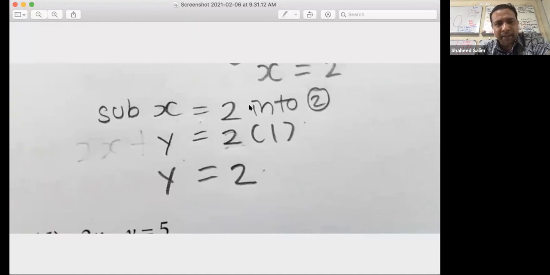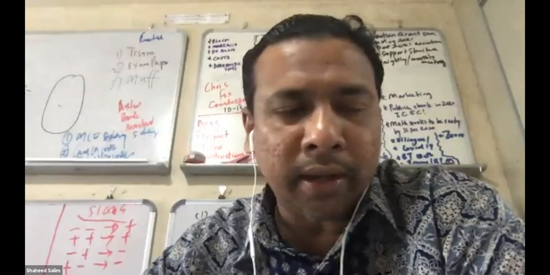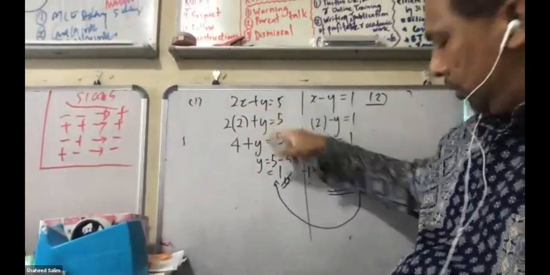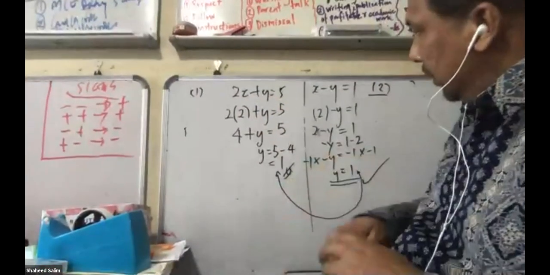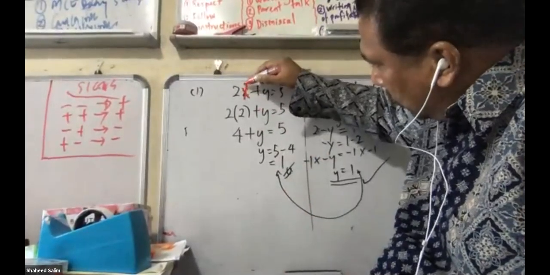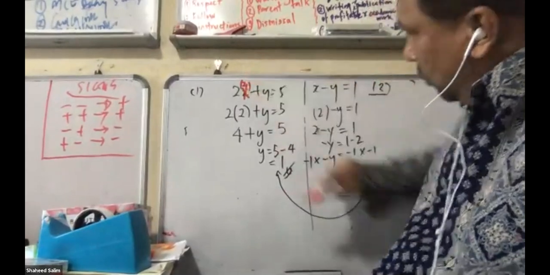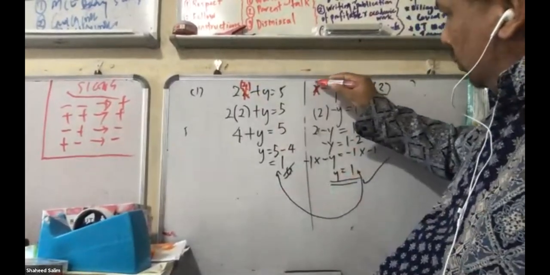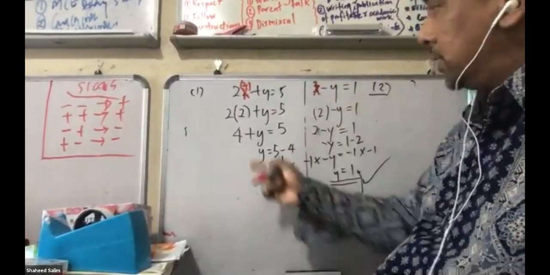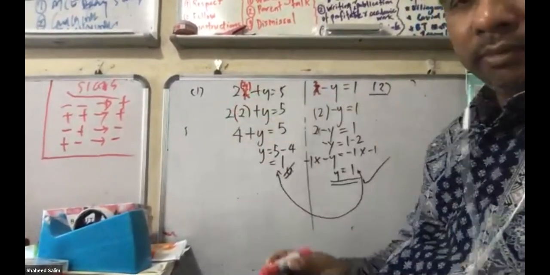All you need to do is look at the equation and just put in the value only. Whatever the equation is, imagine now you are putting the value here. You're going to change this into 2, and this into 2. You're just putting the value inside, because you know x equals to 2.